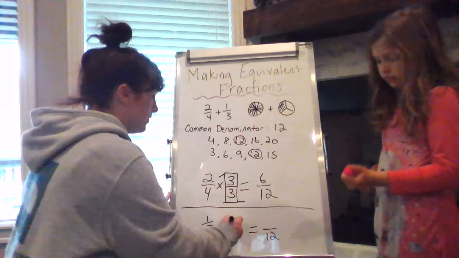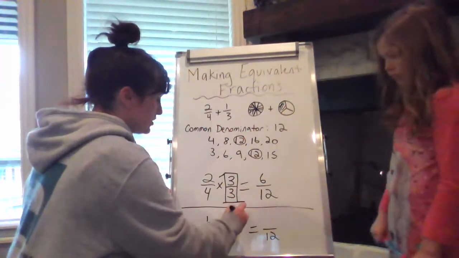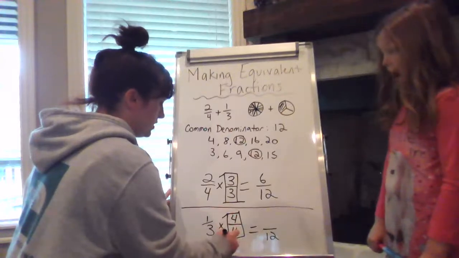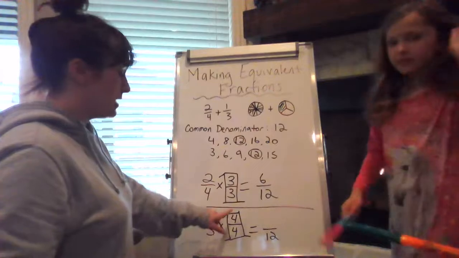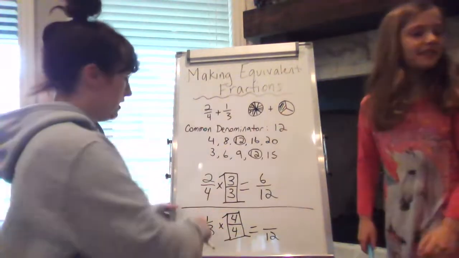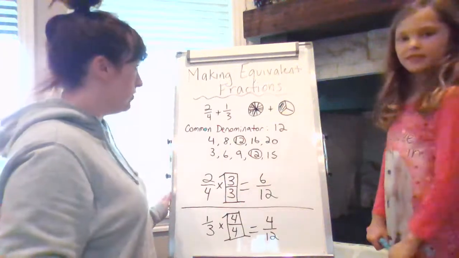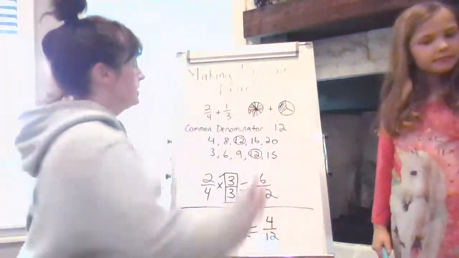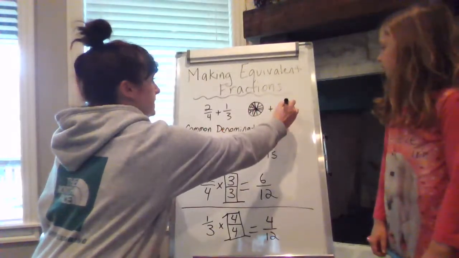So I am going to multiply 1/3 by 4 over 4. Again, we need to make sure this is equal to 1. This fraction is equal to 1. Okay, so 1/3 times 4 over 4 will give me 4/12. So I'm taking my 1/3 and I'm cutting them into 4 times as many slices.